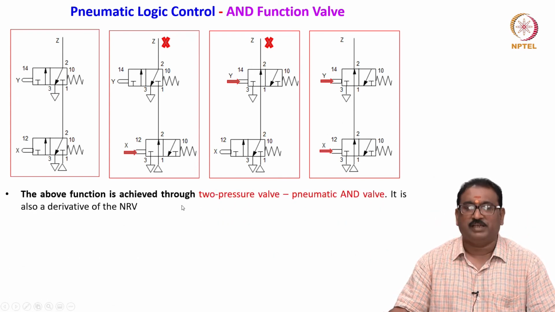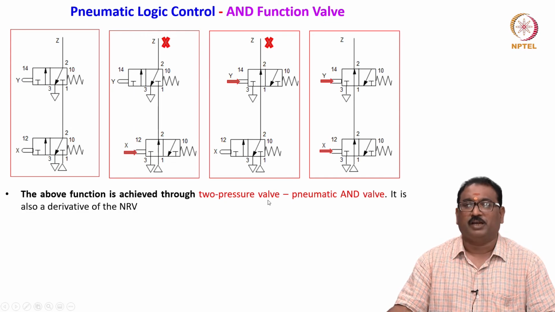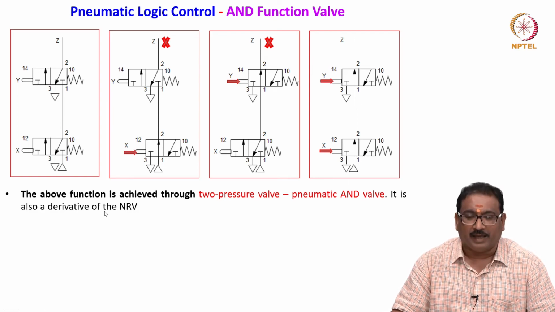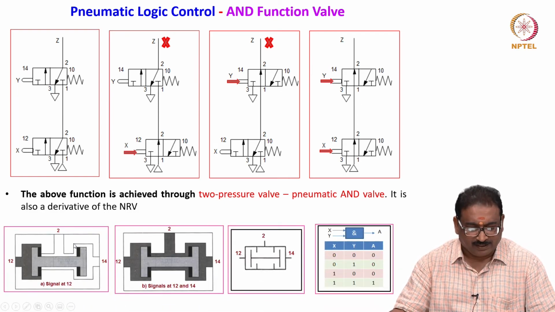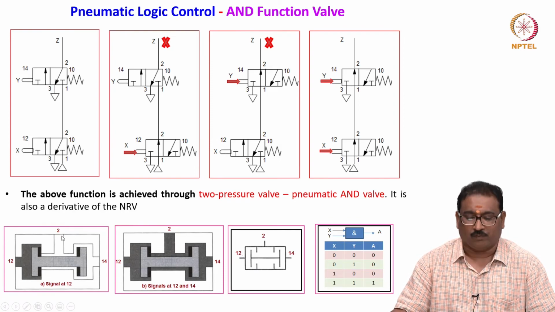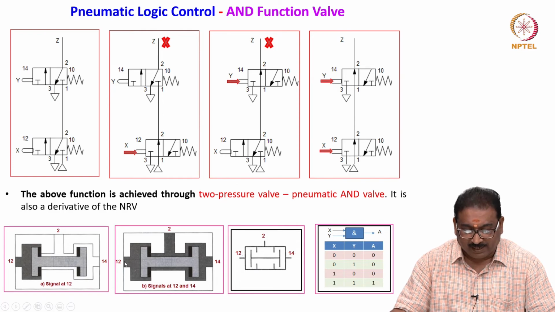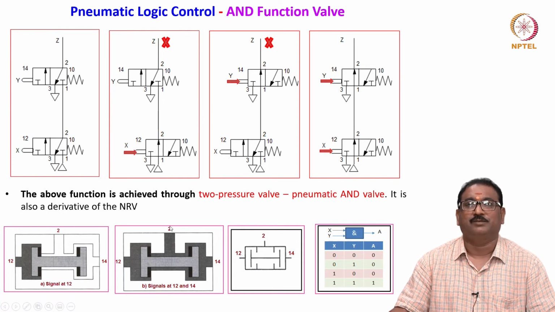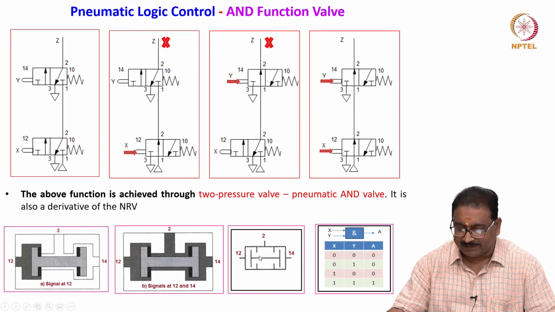The above function is achieved through a two-pressure valve, the pneumatic AND valve. It is also a derivative of the NRV. You will see here, when the signal is at 12 only, 2 will not receive any flow. Only when there are signals at 12 and 14 will it receive. How to represent this? You will see, friends.